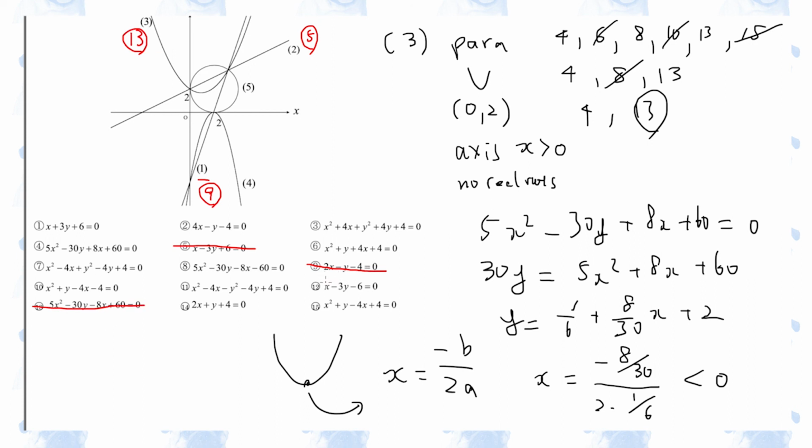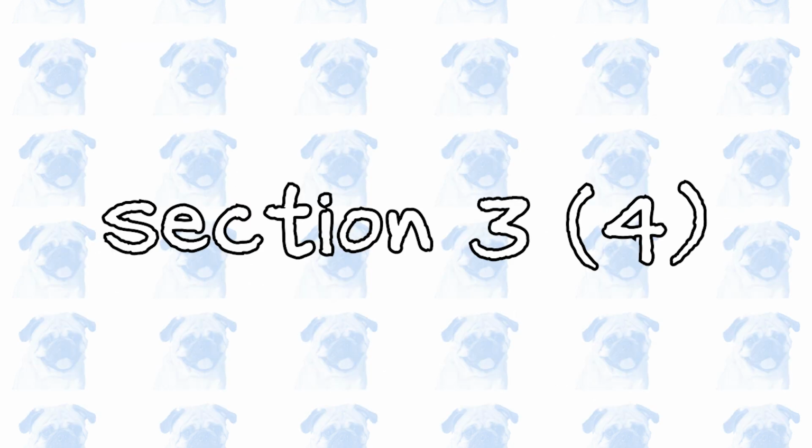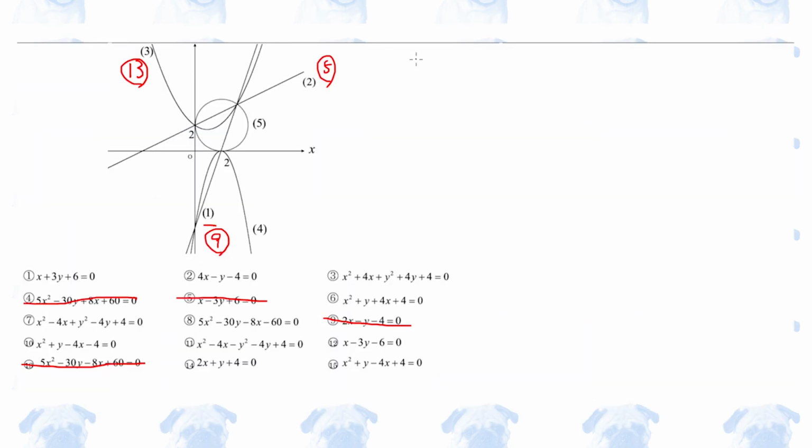And I guess we can also get rid of 4. Next, number 4 is another parabola, and it's concave down, and it goes through the point 2, 0, and the axis of symmetry is positive, and it has one real root.